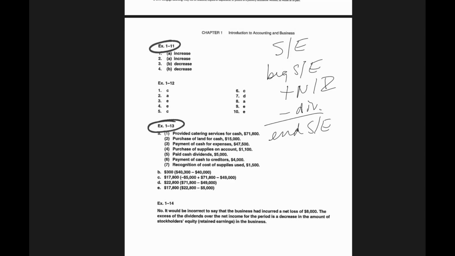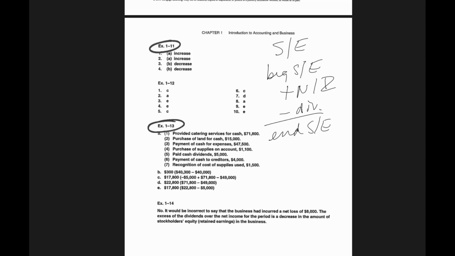Items that we had once charged and we're going to pay later, we're now paying it. So we are reducing what we owe to others. And then lastly, number 7, $1,500 in supplies is going down and expenses is going up, changing by $1,500.